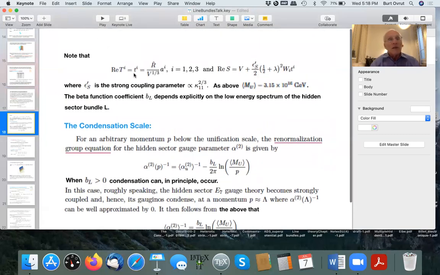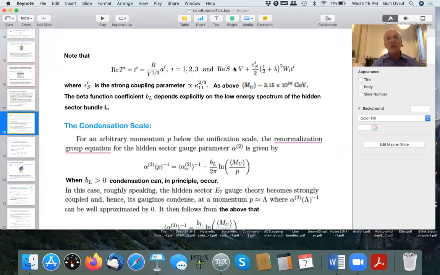The real part of T is called little t_i, but that's related directly to a_i. So these are the guys we've been using for the Kähler moduli, and you can get them back to be the real part of T_i multiplying by R hat over V to the 1/3. But the little a_i is really the way to go here.